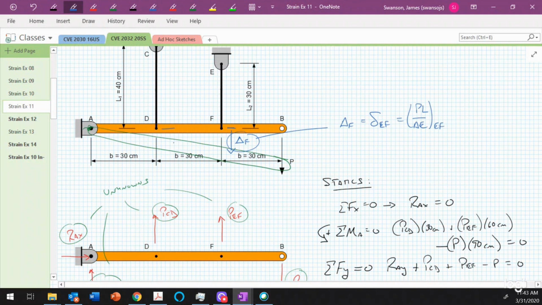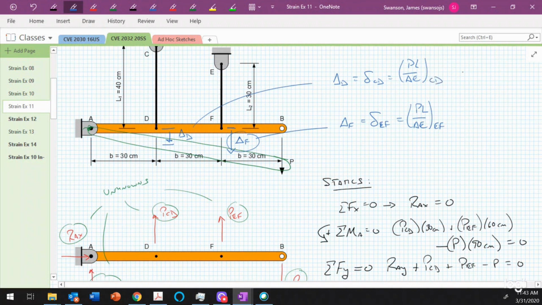We could look at this displacement here. That is delta sub D, but delta sub D is equal to the amount of stretch that you get out of wire CD, and that's equal to PL over AE for wire CD.